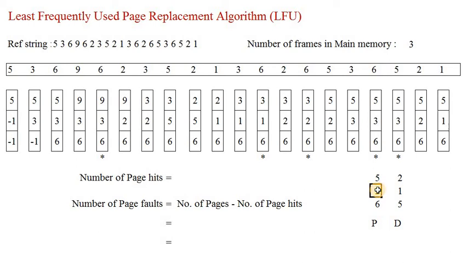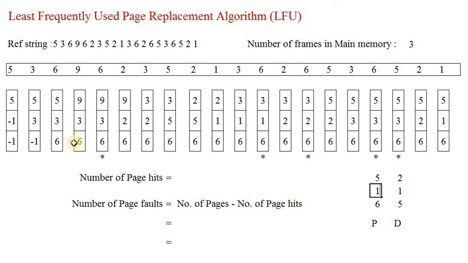So this is how the least frequently used page replacement algorithm works. One thing you need to observe here is frequently used versus least frequently used. In this algorithm, 6 was inserted at the third iteration, and it continuously remained until the end of the algorithm. Why?